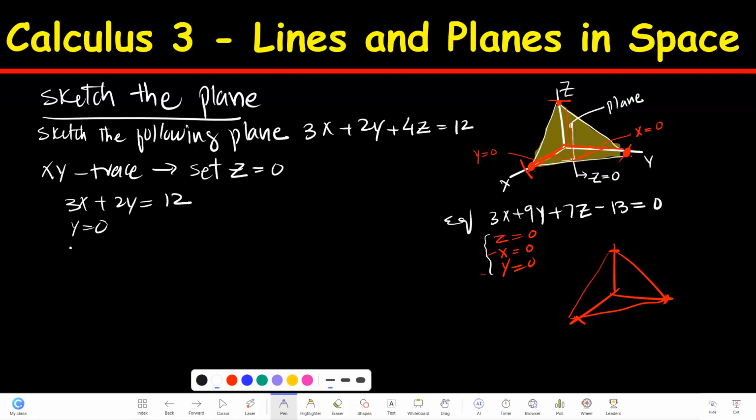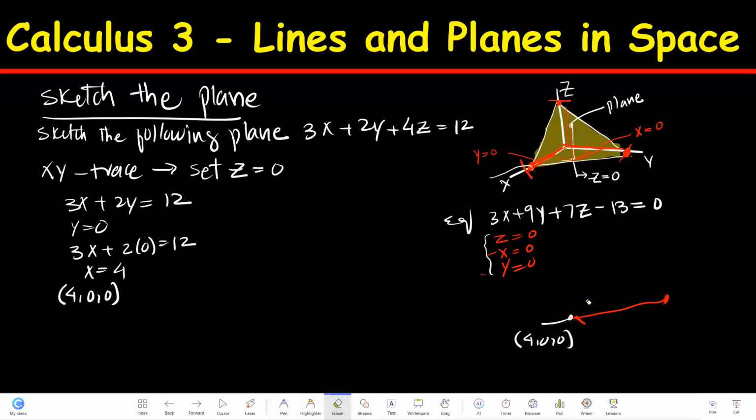Y equals 0 in this equation, so it's going to be 3x plus 2 times 0, and x equals 4. So on my xy trace, on maybe this plane, this point, I'm going to get 4, 0, 0, right? So my point is going to be 4, 0, 0. Same thing as what I did, I'm going to draw my plane like this.